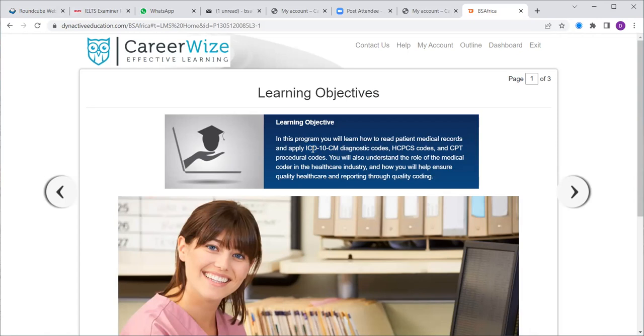These are alphabet and numbers that are used to represent diseases, diagnosis, injuries, and a couple of things. They are developed by the WHO, the World Health Organization. And they are used in almost all UN countries.